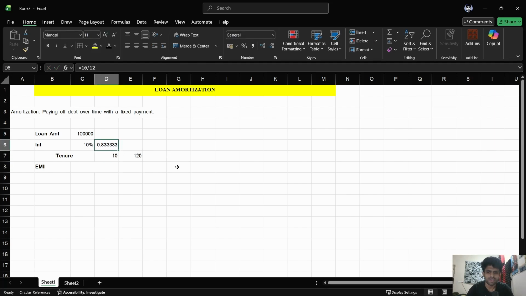For this interest part, what I would like to tell you is that there are different types of interest. The interest on the loan amount could be paid monthly, semi-annually, annually or quarterly. It depends on the loan and the contract. For this loan amount, we are paying the interest monthly.